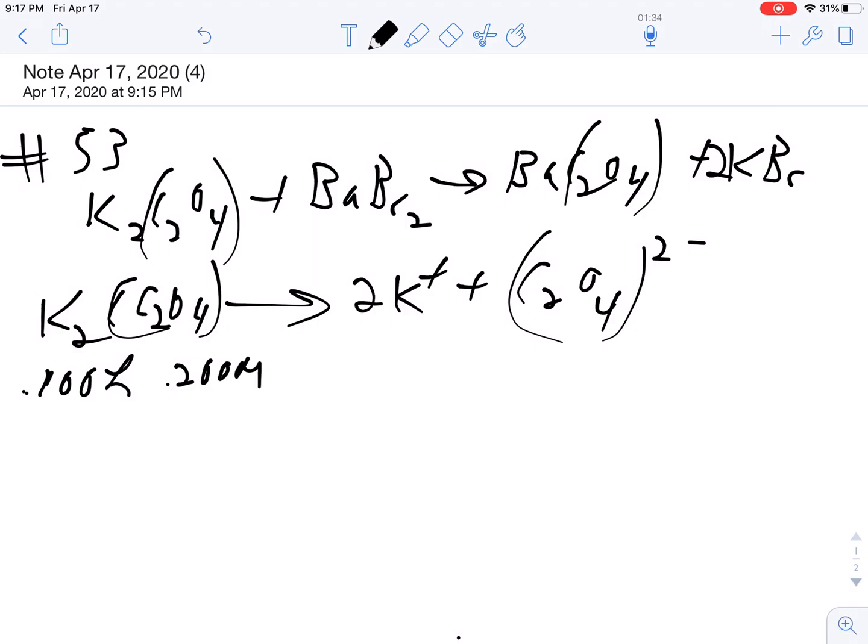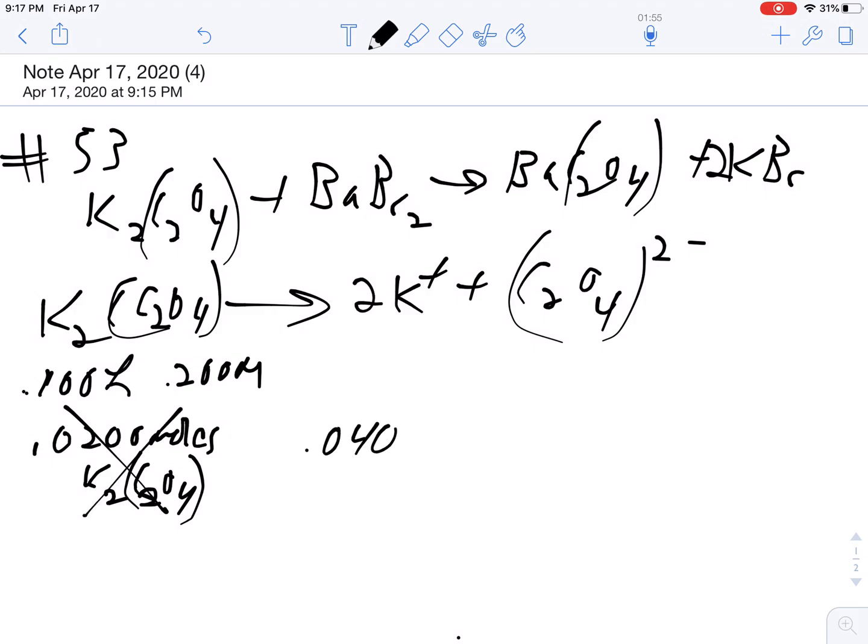That means I'm going to have this many moles of the potassium oxalate. That completely breaks apart, and according to the ratio, I'll end up with twice as many moles of the potassium as the oxalate. Okay?